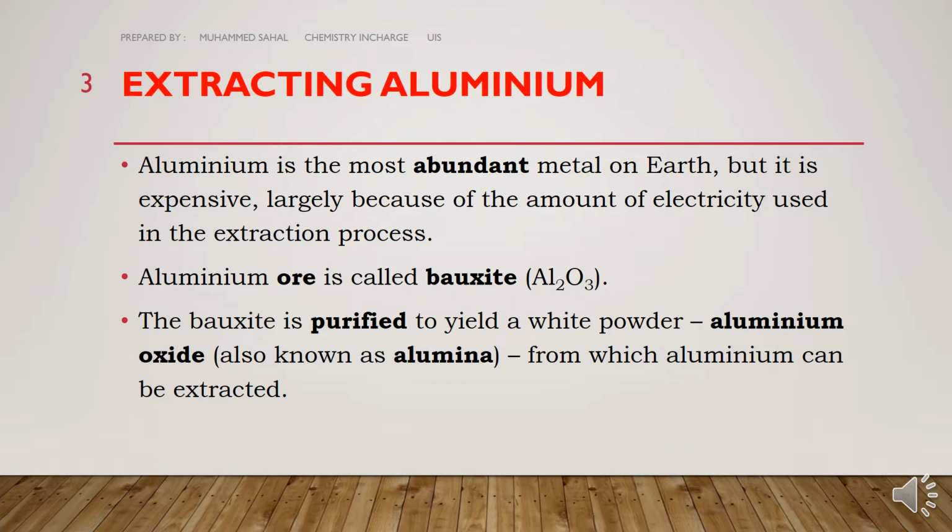It is treated with sodium hydroxide to obtain pure aluminum oxide. During that process, the impurities are easy to remove. This process improves the conductivity of the molten aluminum oxide. This process is called leaching.